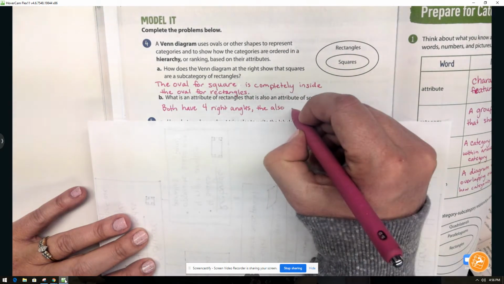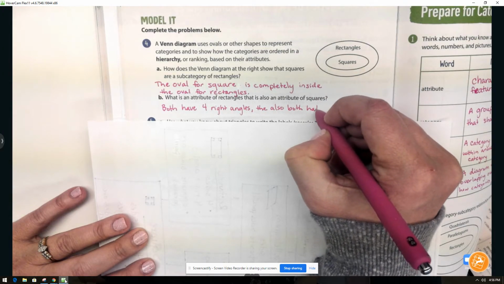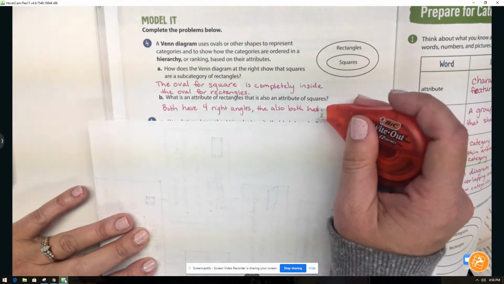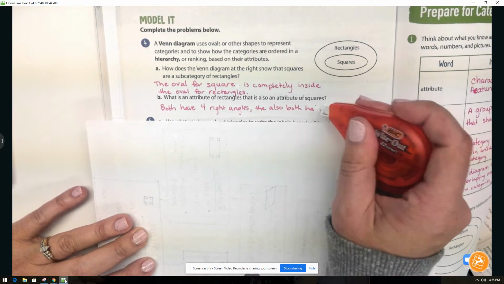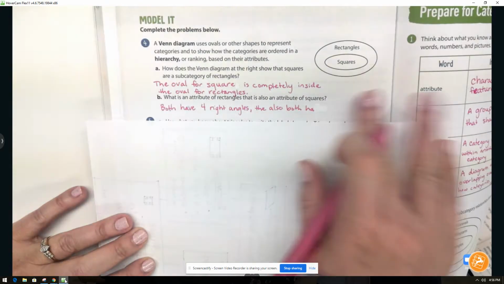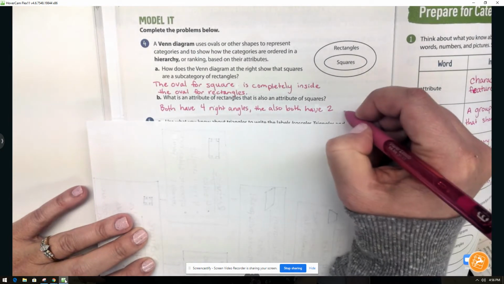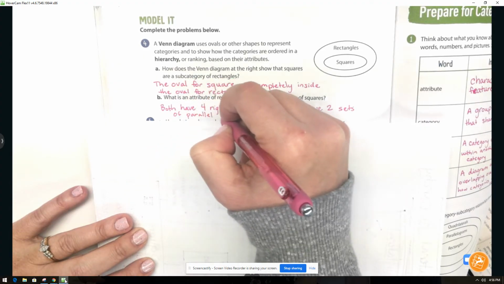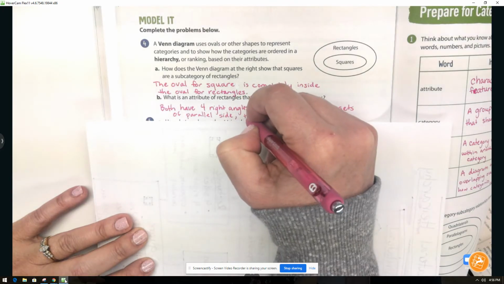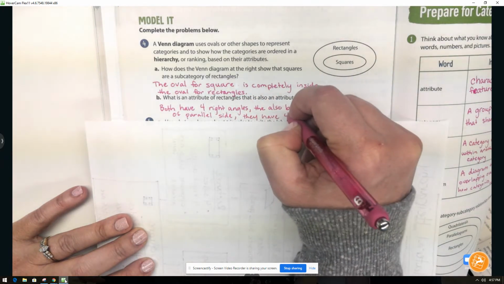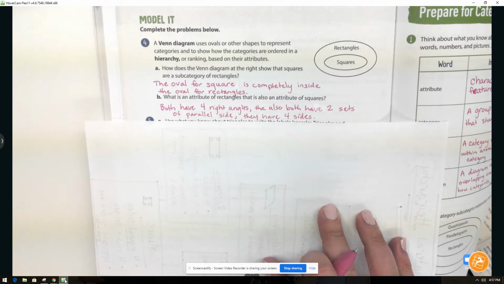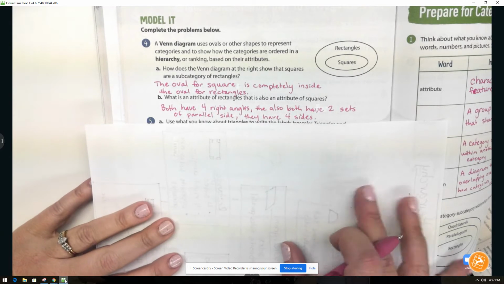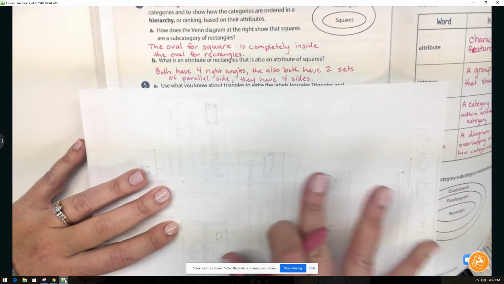They also both have two sets of parallel sides. They have 4 sides. There's many attributes that both rectangles and squares have in common, but what's the main difference? That's right. Squares, all of those sides are equal, and rectangles, they do not have to be equal.